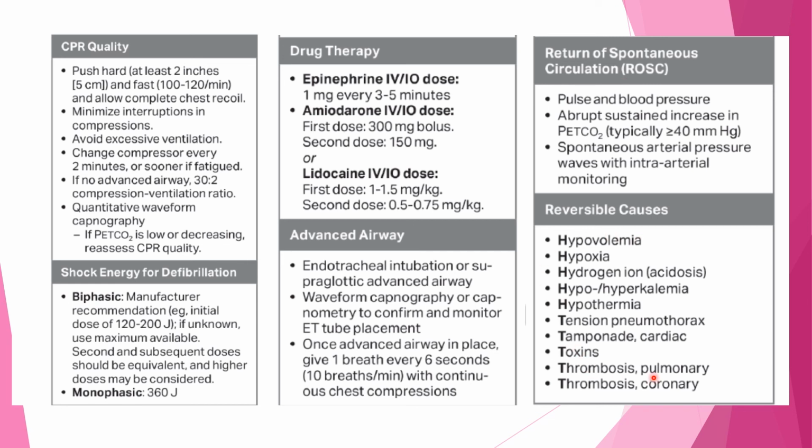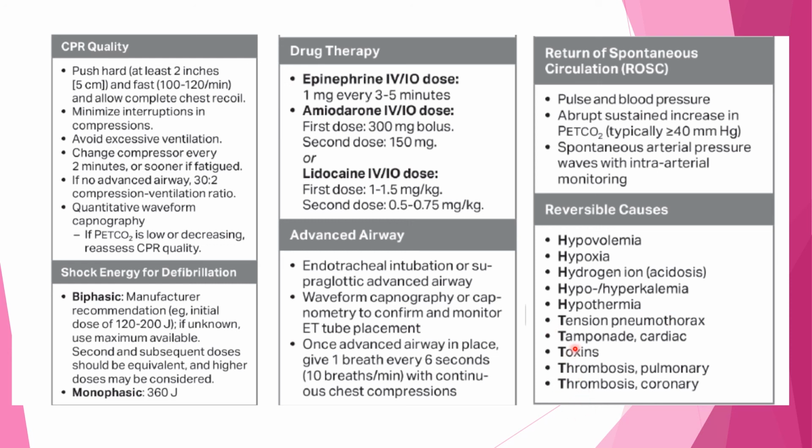What about the reversible causes? Also, this one needs another lecture. Maybe when we talk about the systematic approach, we'll talk about this. Anyway, when there is CPR for the patient, always don't forget to search for the reversible causes like hypovolemia, hypoxia, hydrogen ion acidosis, hyperkalemia, hypothermia.